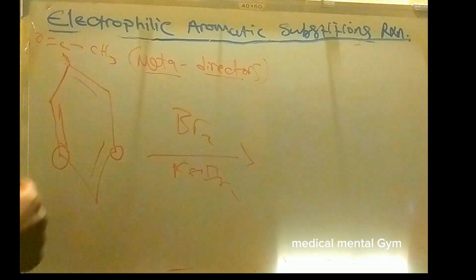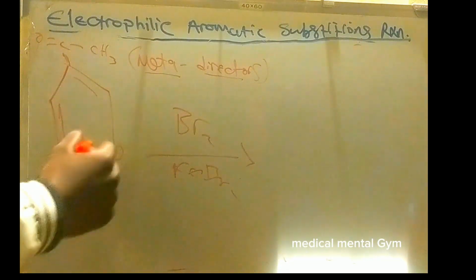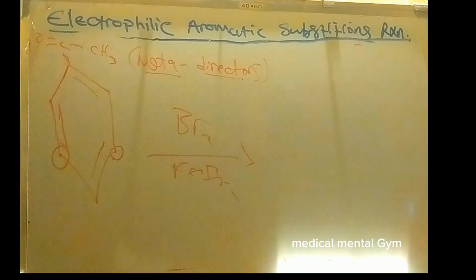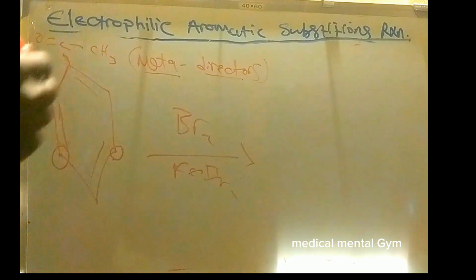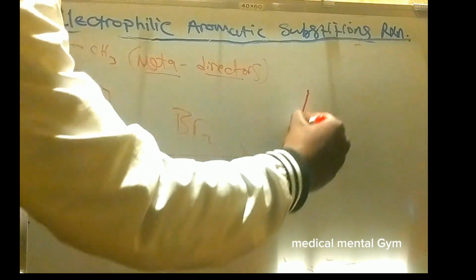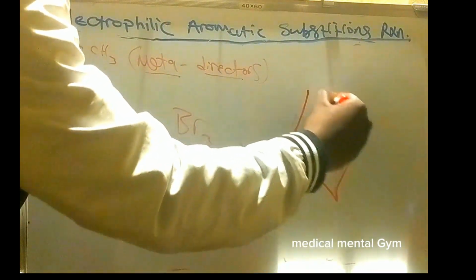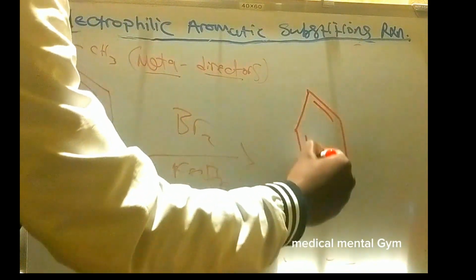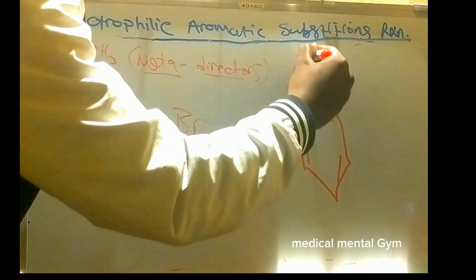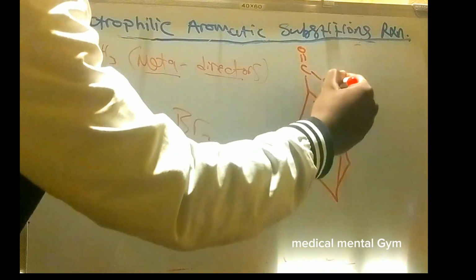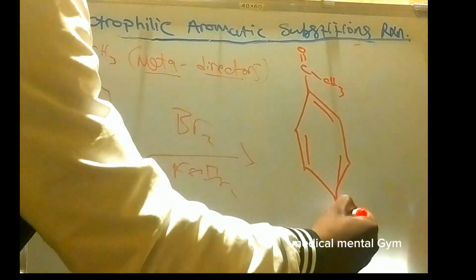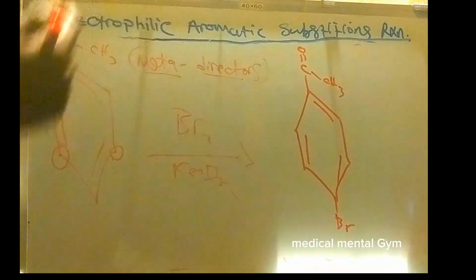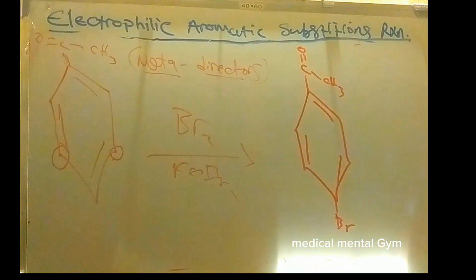Okay, so if only this position and this position can be occupied by the incoming group, let's see if it coincides with our drug that we have been asked to synthesize. This is the drug molecule we are to synthesize.